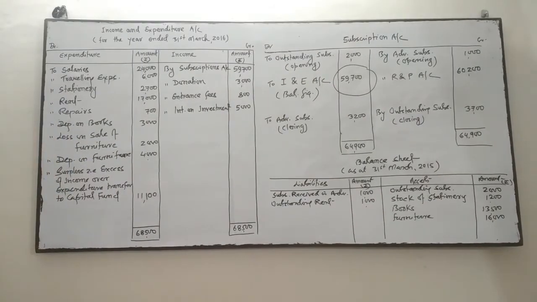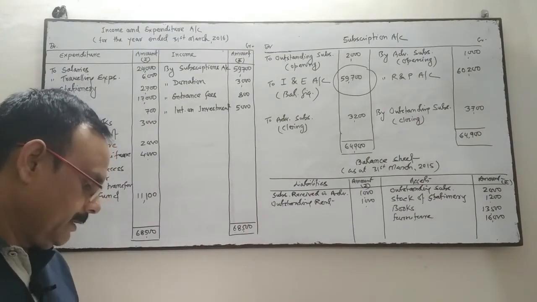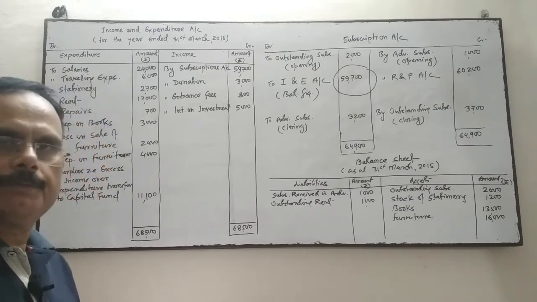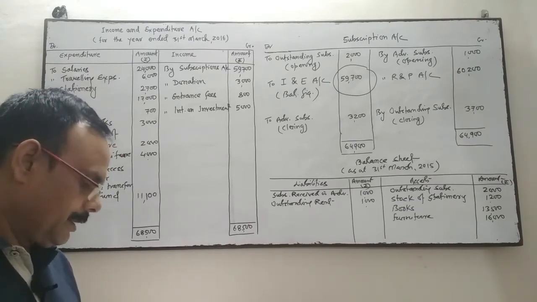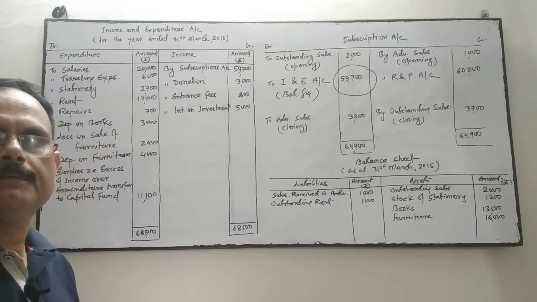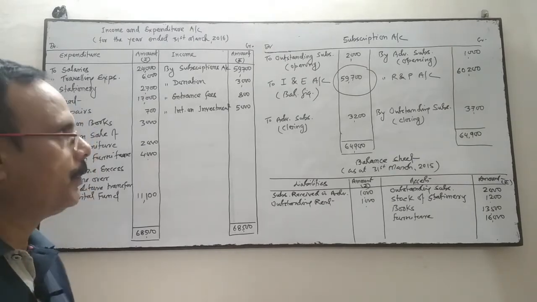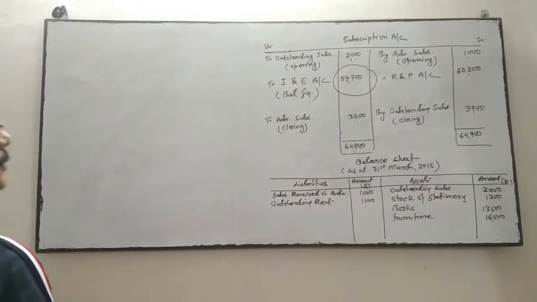One more piece of information. You see in the receipt and payment account debit side, the last item, interest on investment, is 5,000. It is the interest. But we have to know, to earn this 5,000, how much amount we have invested. The rate of interest is 5% for the whole year. So we have to calculate the investment.